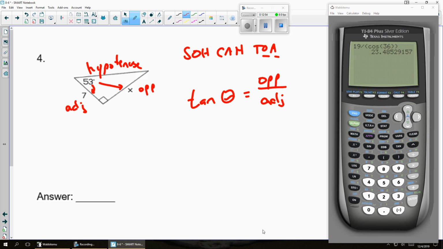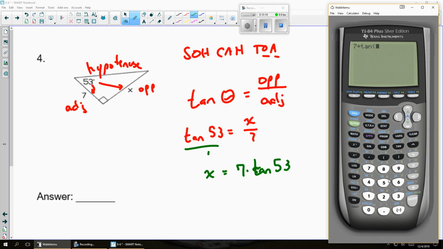So it's the tangent of 53 that equals the opposite over the adjacent, or equals x over 7. When I cross multiply, I get 1x equals 7 times tangent of 53. 7 times tangent of 53 is 9.289.